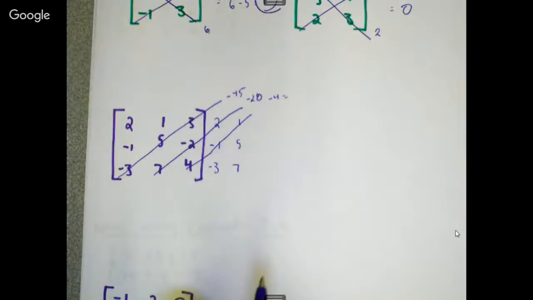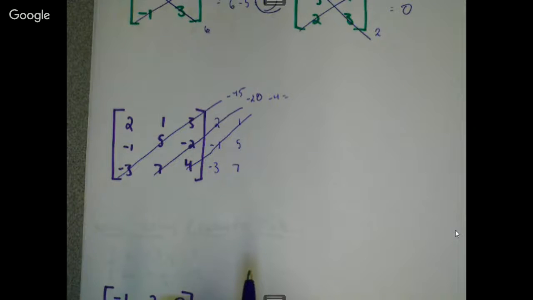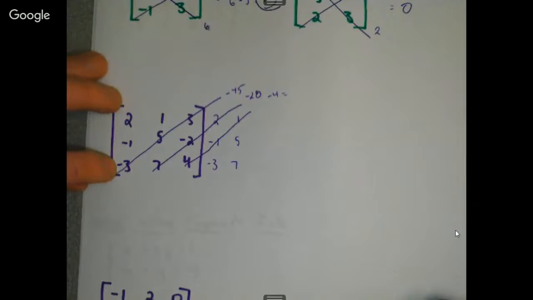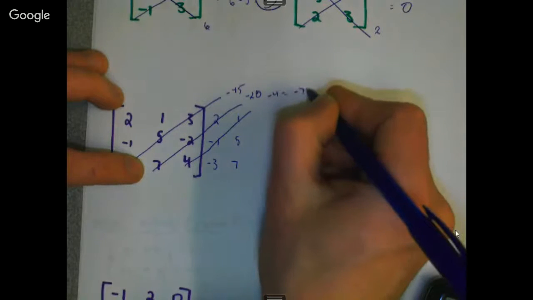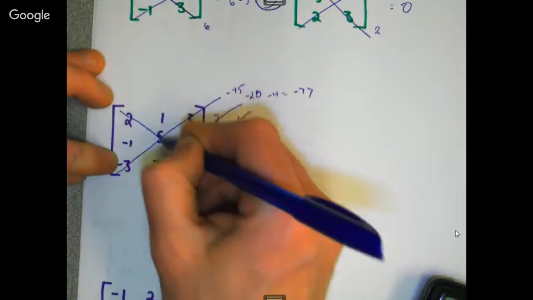So a lot of times with this, it's nice and handy to have a calculator on hand to run some of these numbers real quick into the calculator. So we'll add those up. We get -77. Then we'll multiply this direction.